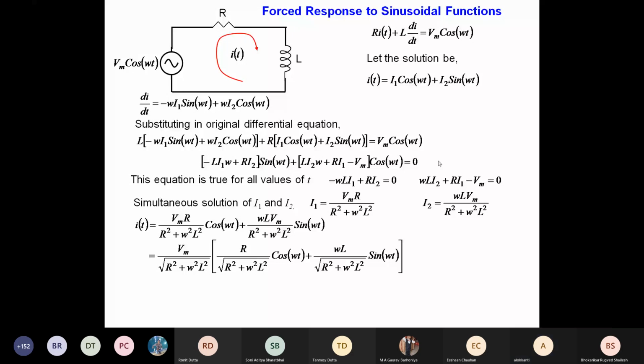So what you are left with, along with the cos term, is r by root over r square plus omega square L square cos omega t plus omega L by root over r square plus omega square L square sin omega t.